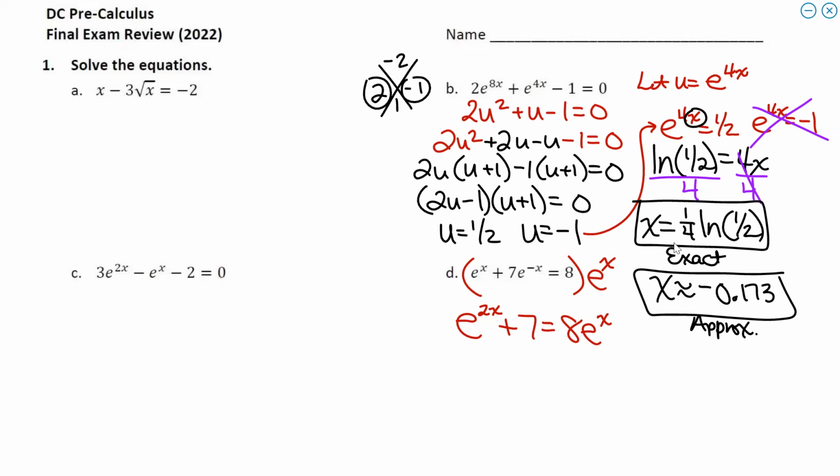-1 over x plus 4 quantity squared, minus 1. I'm gonna multiply and get a common denominator here.